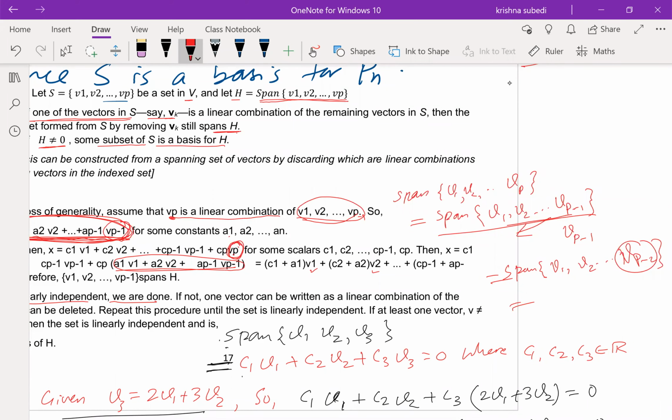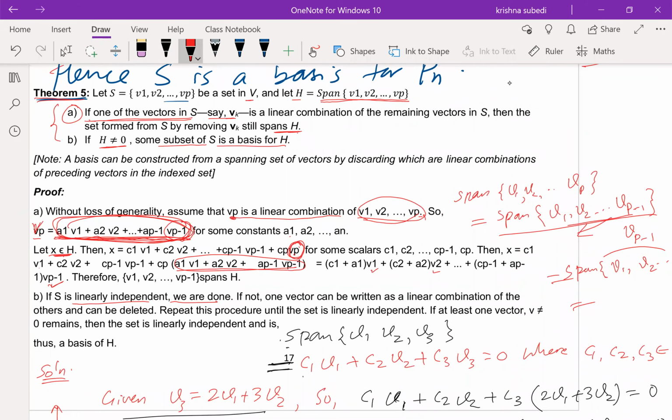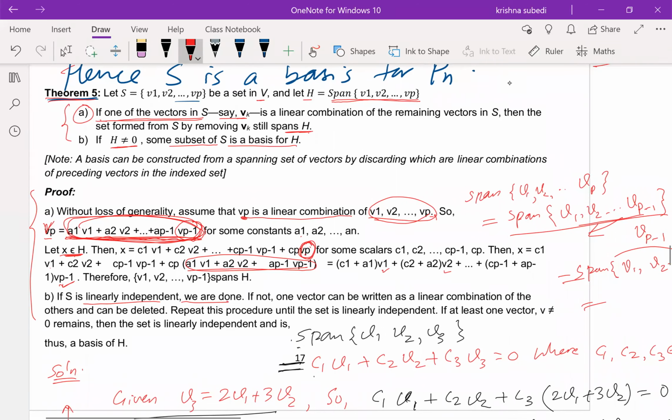If this one is a linear combination of the others, we can repeat the same process. So if not, one vector can be written as a linear combination of the others and can be deleted, repeating this procedure until the set is linearly independent.